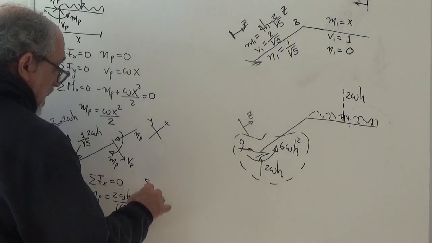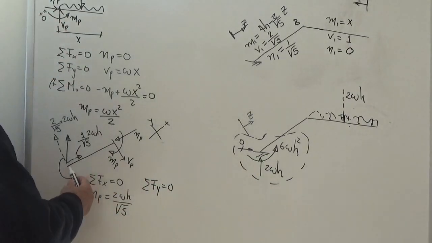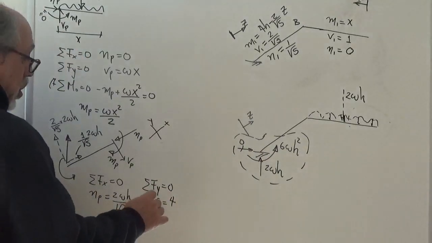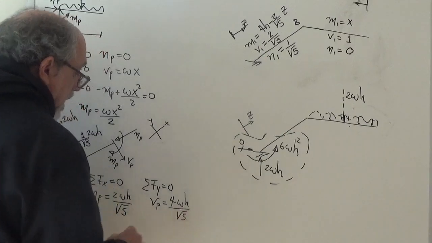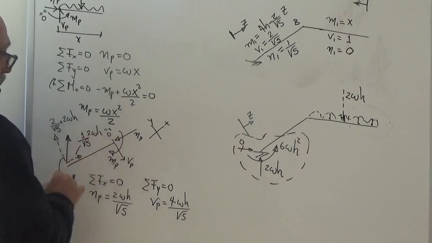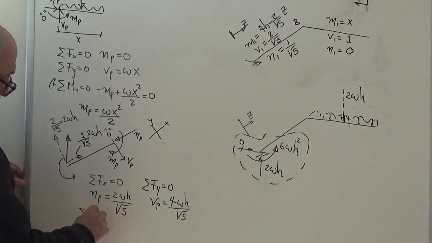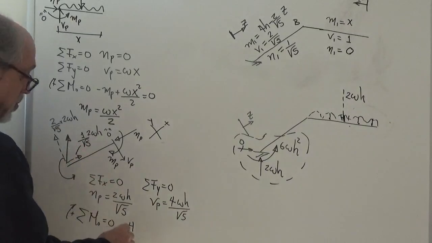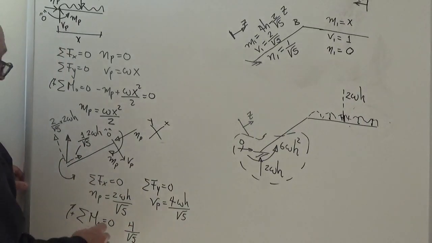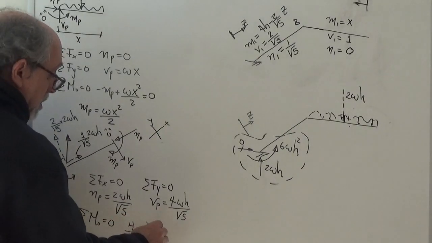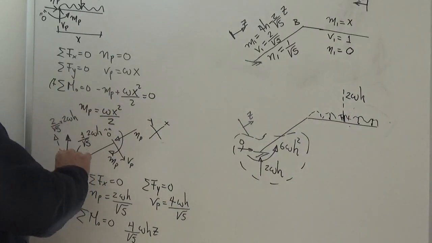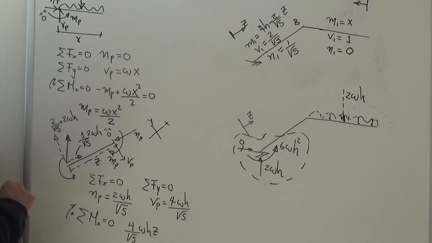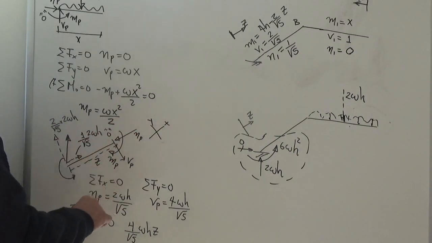From sum of the forces in the Y direction equal to 0, in the inclined Y, we find that this VP is equal to 4WH over square root of 5, and from sum of the moments about O equal to 0, taking clockwise to be positive, we find 4 over square root of 5 multiplied times WH multiplied by Z. It is crowded here, but remember the distance from here to here is Z.